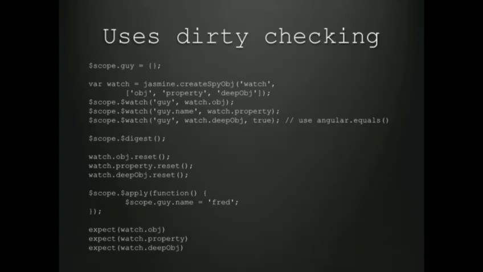And then I'm going to add a watch on the guy expression, give it a callback, and add this little magical third parameter, true. Then I'm going to run a digest. I reset all my callbacks because they're all going to get fired the first time the thing digests. Then here's what I'm doing: apply. I'm passing an expression just like we were talking about. I'm changing guy.name to Fred, which is going to fire watches.